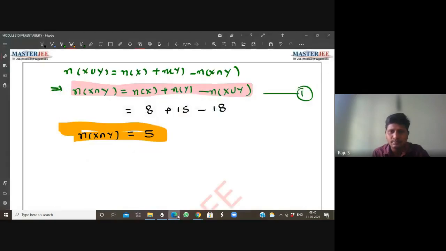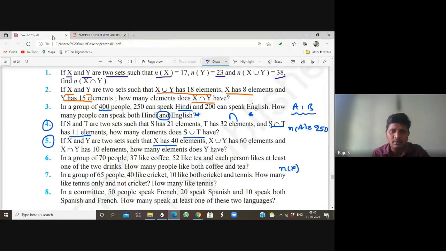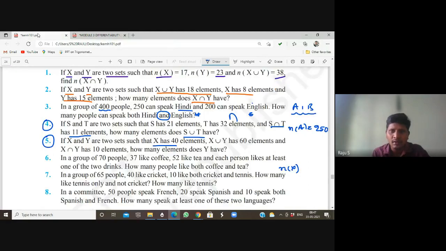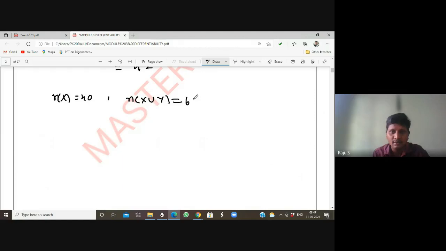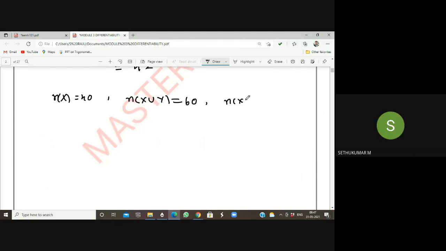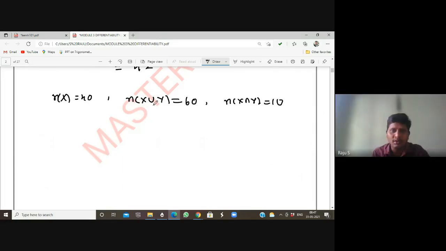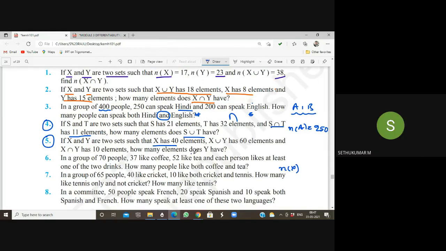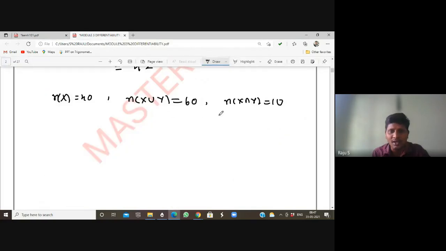Then n of X union Y value is 60. Then the intersection is given, n of X intersection Y is 10, sir. What are they asking in the question? They are asking for n of Y, the number of elements in Y.